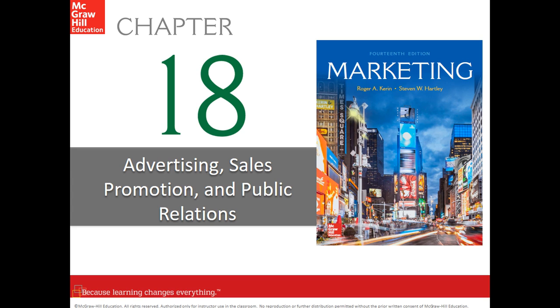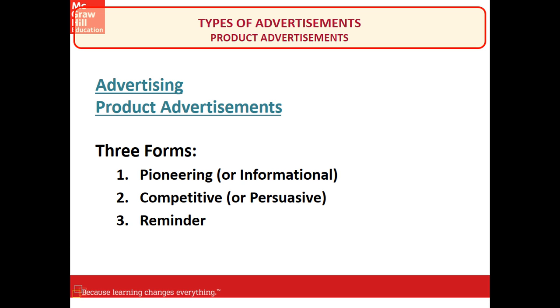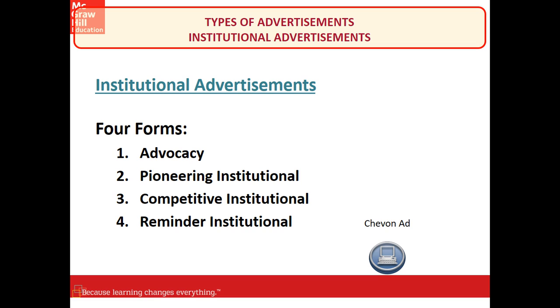In chapter 18, we talk about advertising, sales promotion, and PR more specifically. What is advertising? What are product advertisements? There are three forms of product advertisements: pioneering or informational, competitive or persuasive, and reminder advertisements.